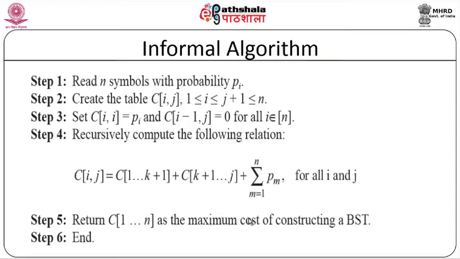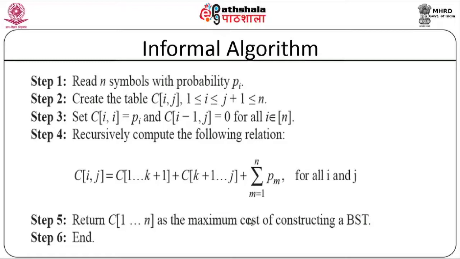We initialize the table C of I minus 1 comma I to P of I and C of j minus 1 comma j to 0 for all elements I belonging to n.